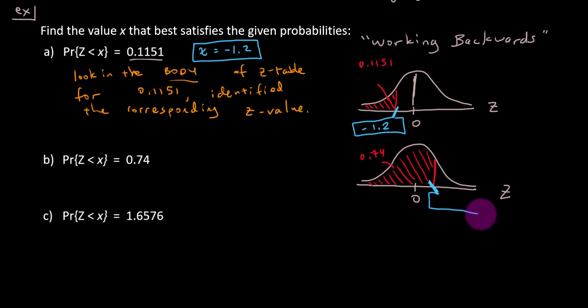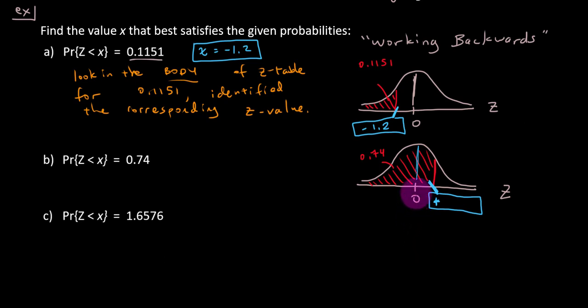But this time, can we expect, is the z value going to be negative? No, it should be positive. Look, it's to the right of 0. Because this area is greater than 0.5 in the left, but it starts out in the left tail, so it has to cross this axis where 0 lies.